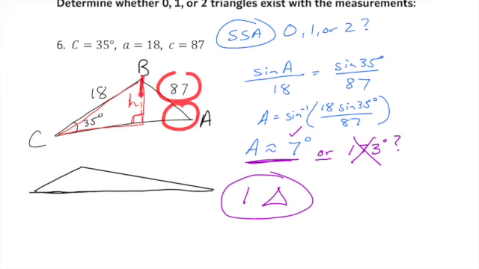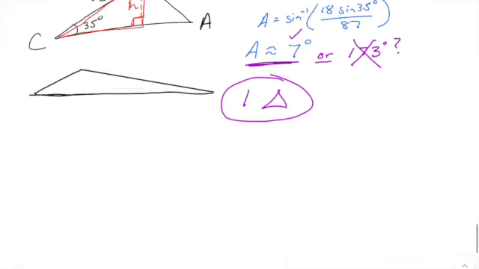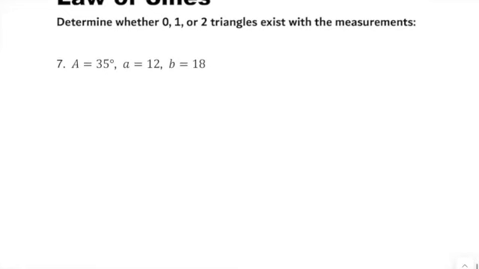And this side was so long it was going to be able to touch. So you could do that. Whenever this side is bigger than that, it's going to be one triangle. Again, that's if you're setting it up in that way, the side-side-angle like this. But if you have trouble visualizing, just do the law of sines and proceed and see if it works. And so here's one more here.